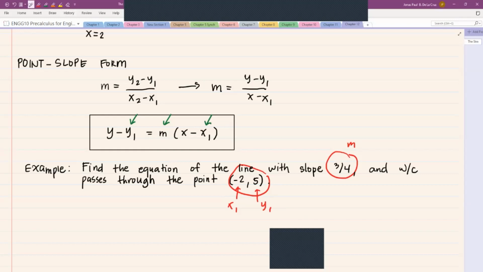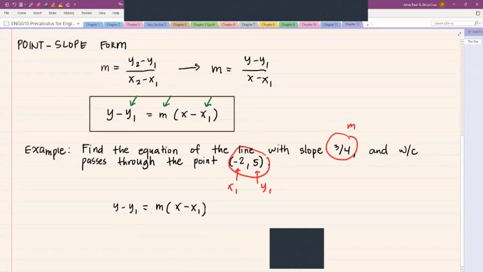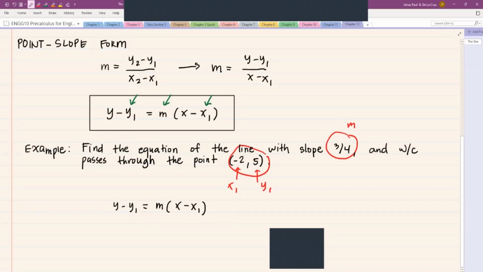So, using the point slope form of the line, y minus y1 is equal to m times x minus x1. Okay? So, substituting the values, we have y minus 5 is equal to 3/4 times x minus negative 2. So, that's x plus 2.